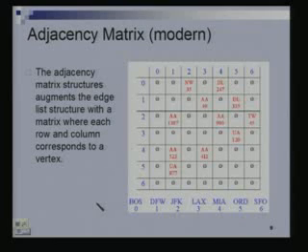Again, there is a possibility that instead of having 1s and 0s, you could keep track of the edge information here. So the adjacency matrix structure augments the edge list structure with a matrix.